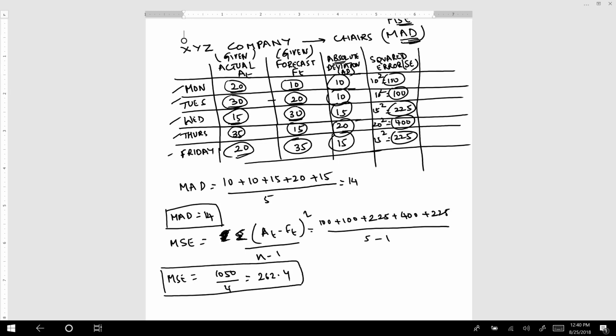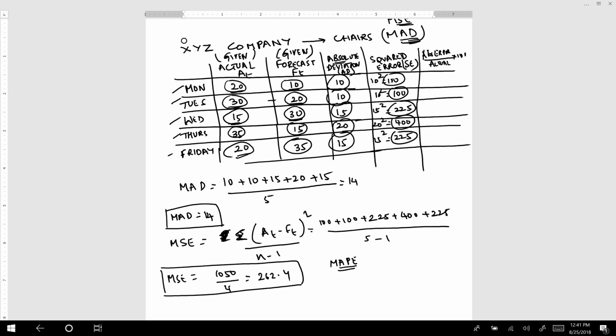Now the final one is mean absolute percentage error. I will write here mean absolute percentage error. So you are taking absolute percentage error. So that is absolute error, I will write absolute as ABS error, divided by actual value, multiplied by 100.